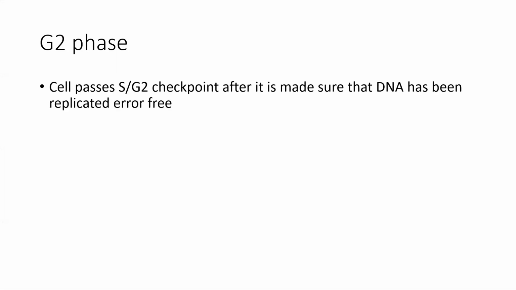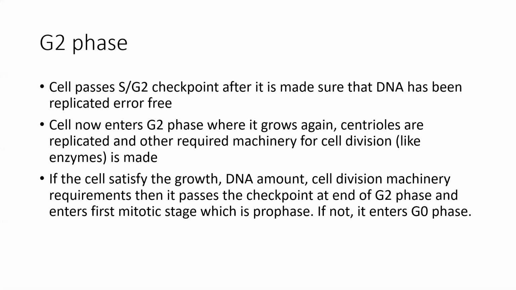Now moving on to the G2 phase, which is the final stage in interphase, right before prophase. At this stage, more growth happens and more transcription and translation of genes happens in order to synthesize any remaining cellular materials needed for cell division.